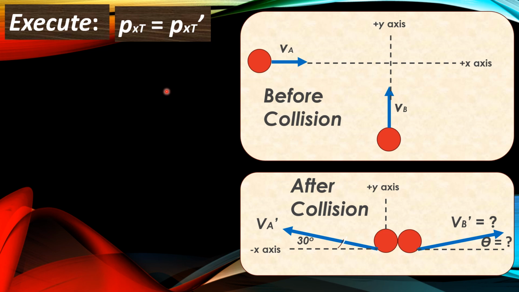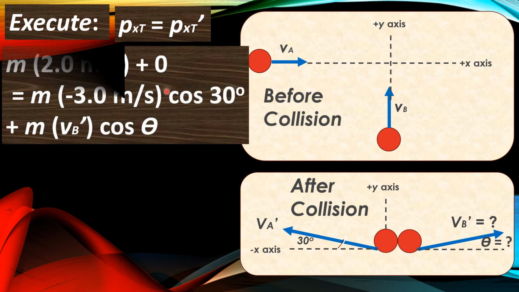Only particle A has an initial momentum along the x, which is 2.0 meters per second times its mass, small letter m. Particle B has no initial x component of its momentum, so that's 0.